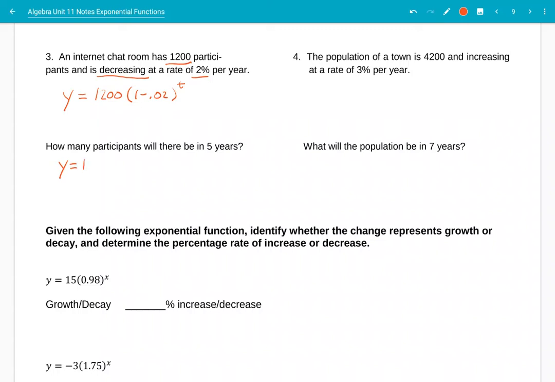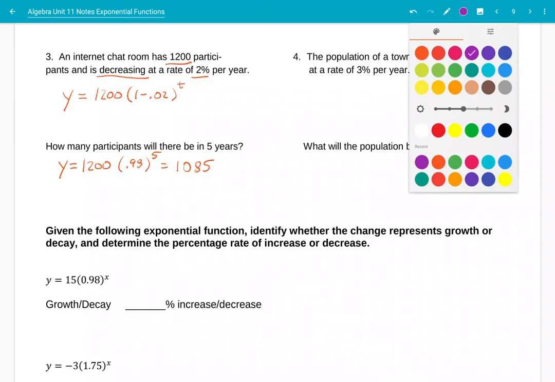So we plug this in, 1,200. 1 minus 0.02 is 0.98. And t is 5. So that's going to be 1,200, open parentheses, 0.98, close parentheses, raised to the 5th. That is 1,085. We'll round it up.